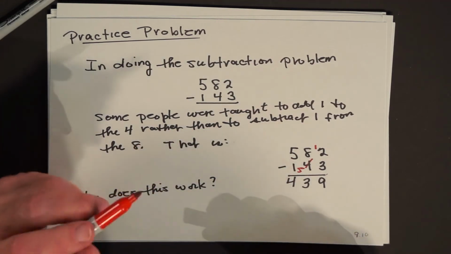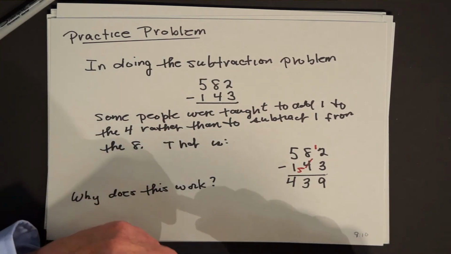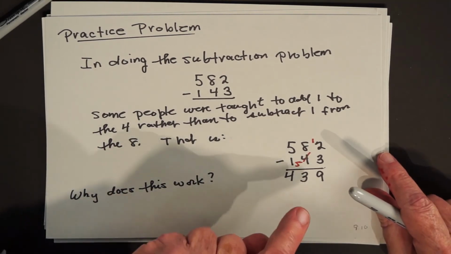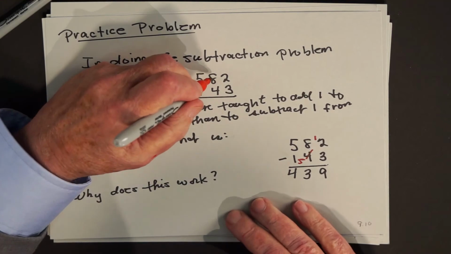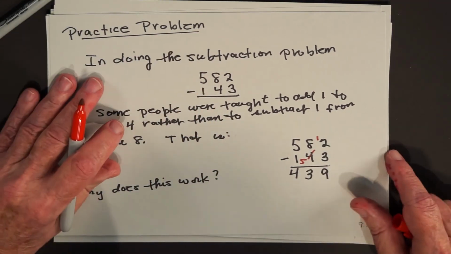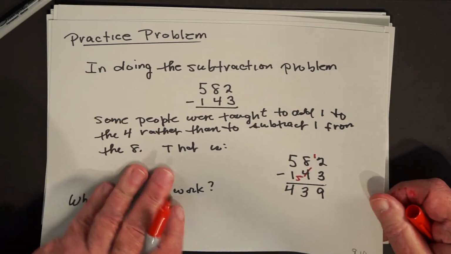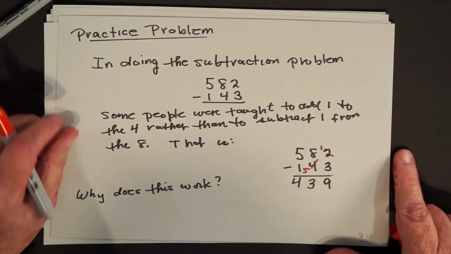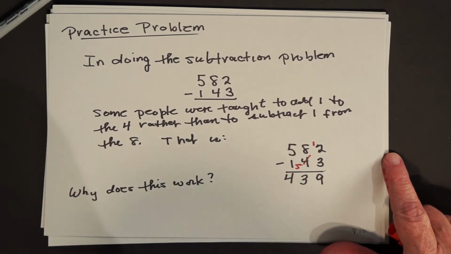And the question was, why does this method work? In other words, you get the same answer both ways. But why is this way equivalent to what you would have got if you had crossed off the 8, made it a 7, and did the problem the traditional way? Okay? So come back and watch what I'm doing after you've had a chance to look at the problem.